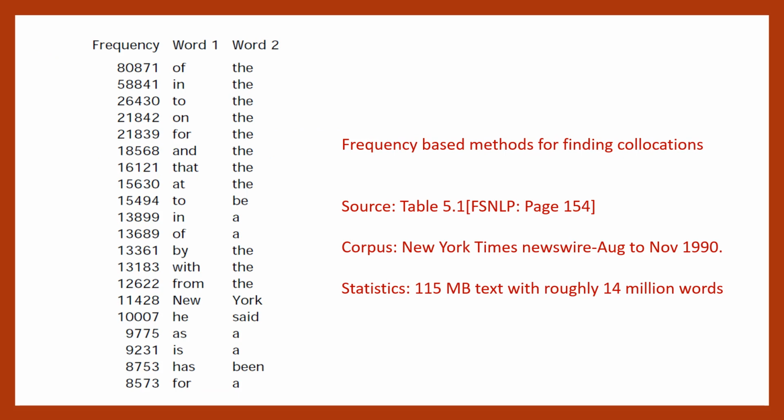Based on this assumption, you can try to use this method to identify them. What we observe here is that the function words are coming together quite often, and you don't get any meaningful co-location here. In fact, none of them in this particular table is a co-location.